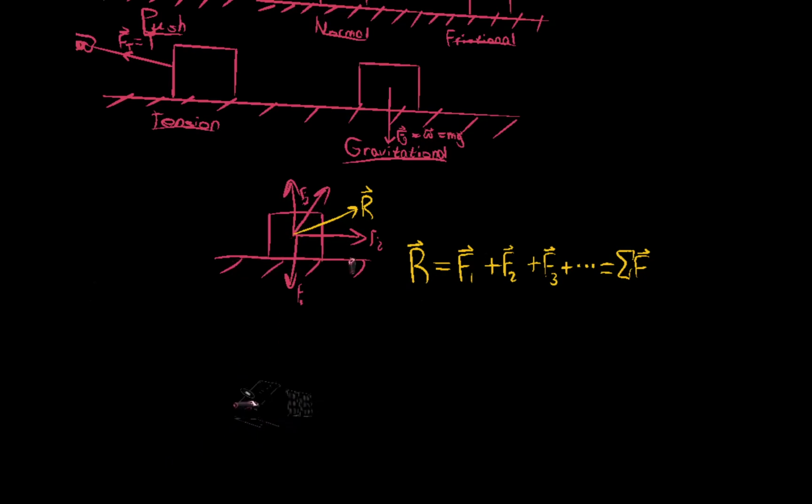And if this is our x direction, for example, and this is our y direction, which will probably commonly be the case, we can break this guy up into its x and y components. And it is equal to the sum of its component vectors.